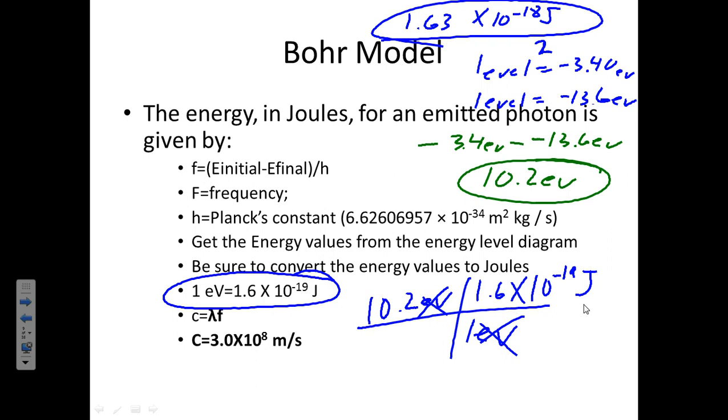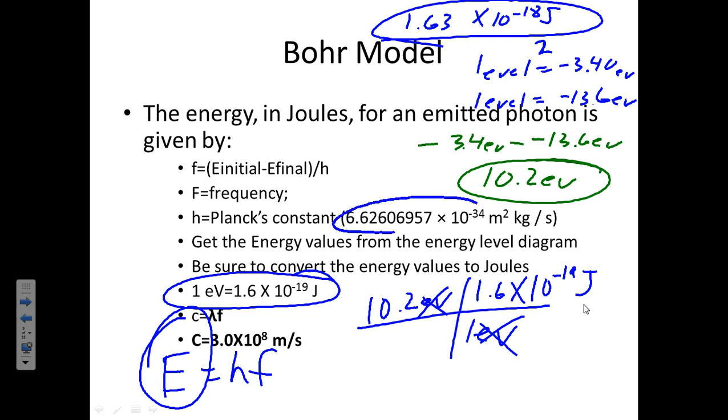Now the next thing you might want to know is what kind of light are we releasing? What's the frequency of the light? What's the wavelength of the light? That's when we're going to go to this equation, E equals hf. This is the energy of a photon, which we just calculated, 1.63 times 10 to the minus 18. h is Planck's constant, which we've got right here.